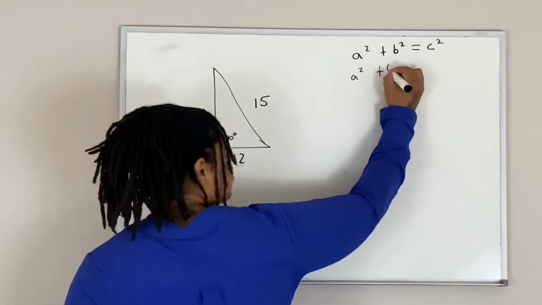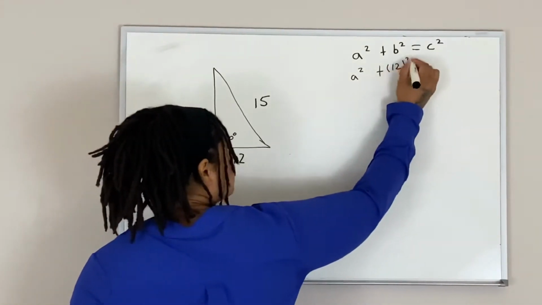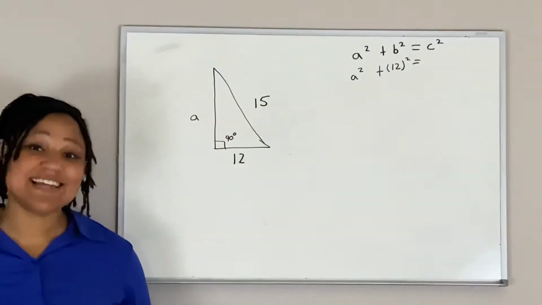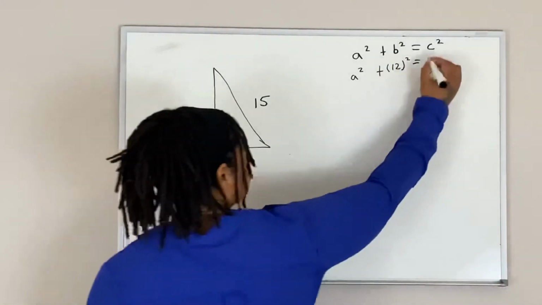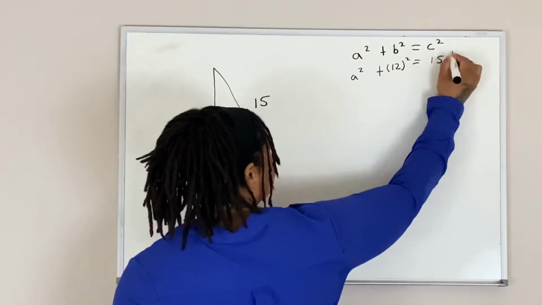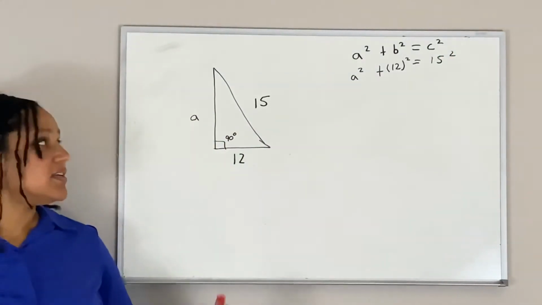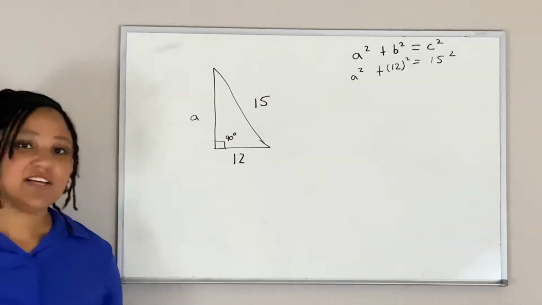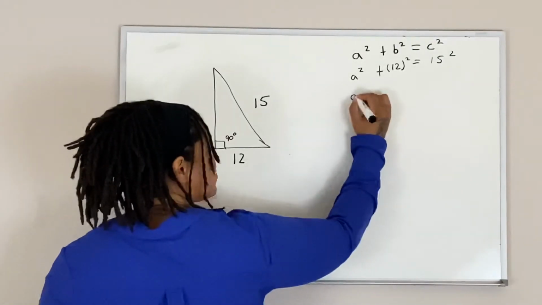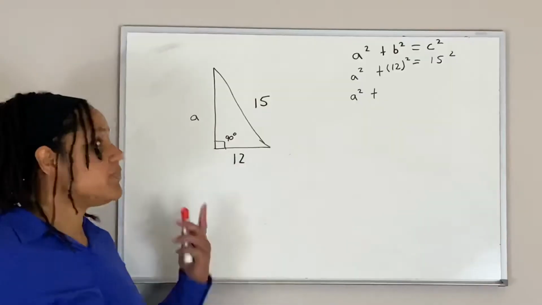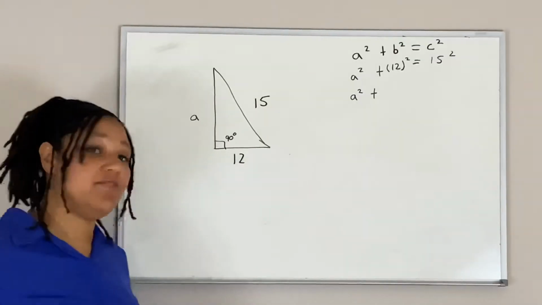So let's plug in 12 for B. And we said that our C is 15. So now it's just all about computation from here. So we have A squared. We know that 12 squared is 144, right?